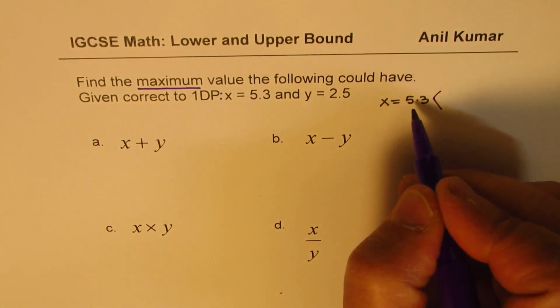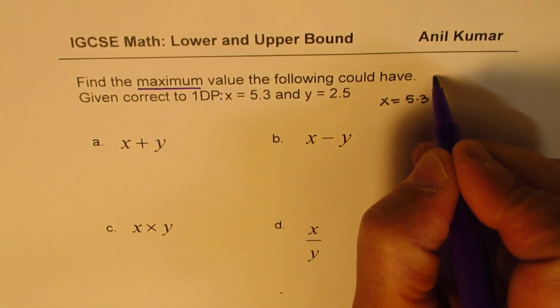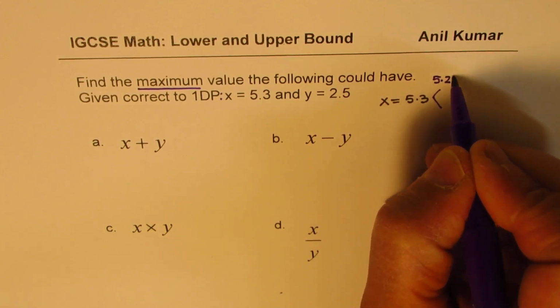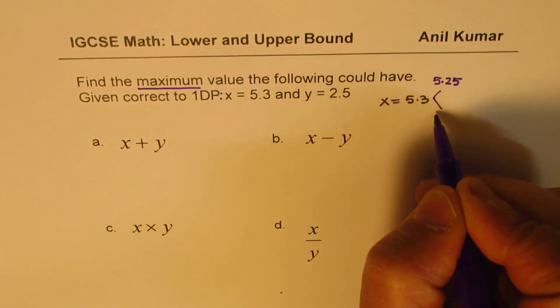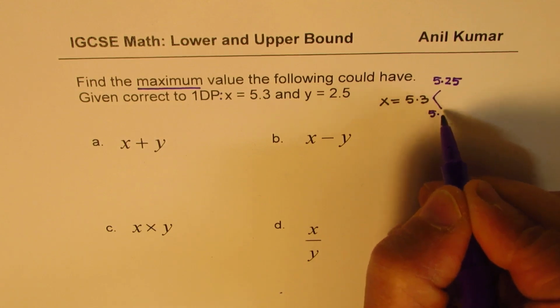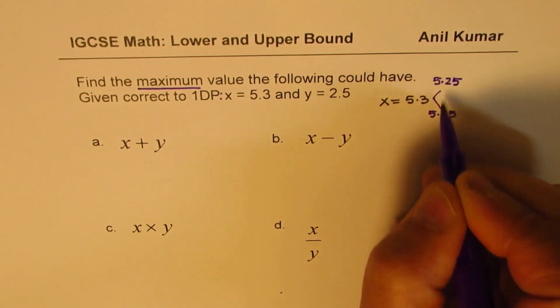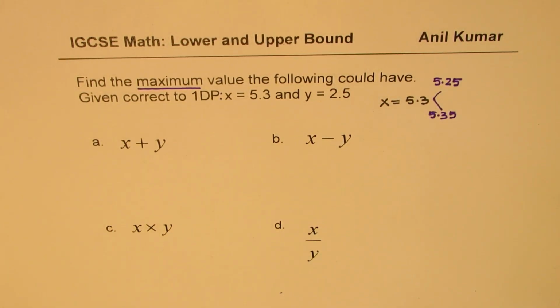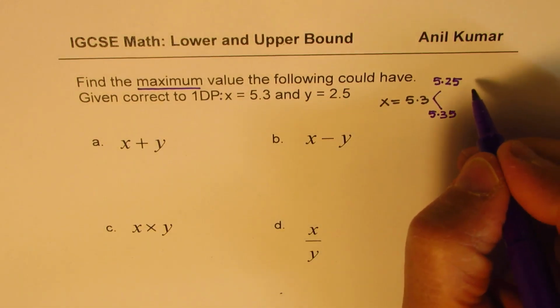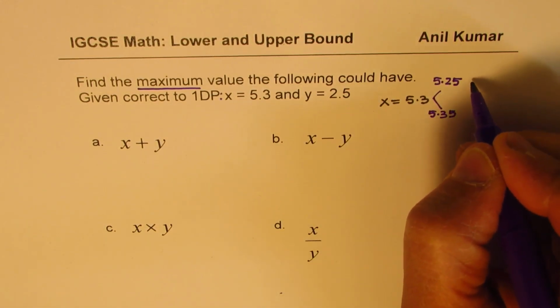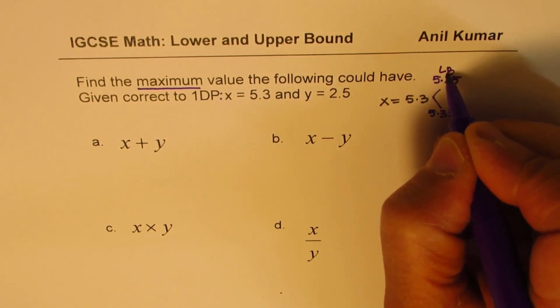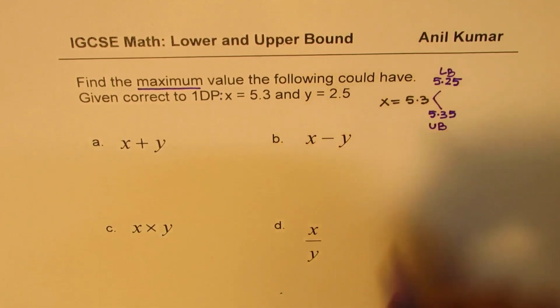The lower bound for 5.3 could be 5.25, correct? And the upper bound will be 5.35. So that is the variation which x could have, right? So this is your lower bound, and that is your upper bound, right?